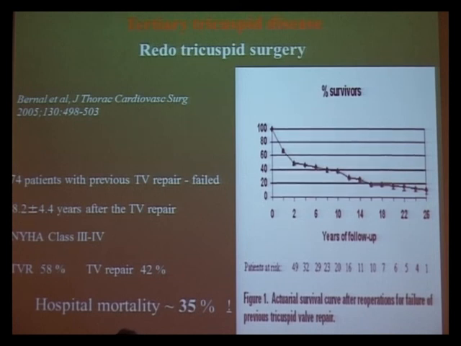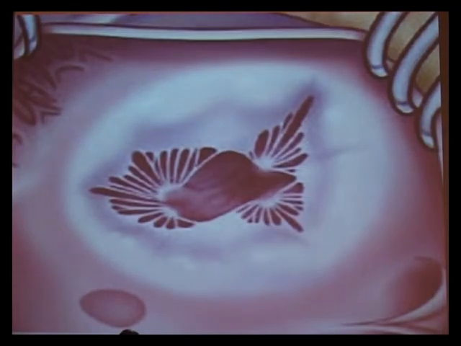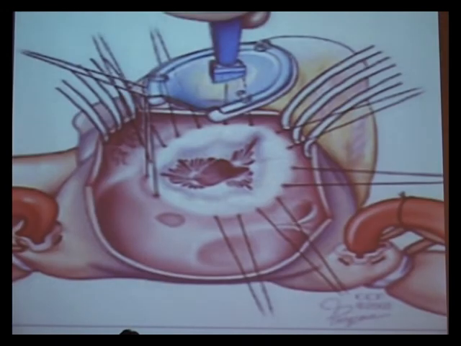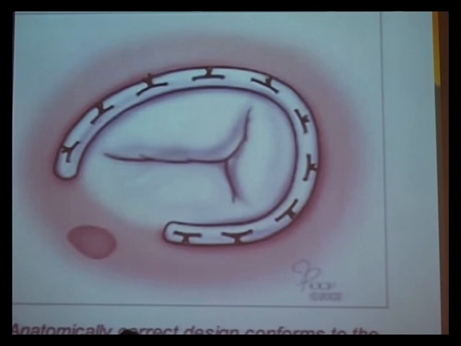We don't arrest the heart at all. And even when we are doing a concomitant surgery, we finish our left side surgery and then let the heart beat. And then on the beating heart, we perform our tricuspid surgery. You can see the tricuspid regurgitation here and the ring, an anatomically correct design of the ring.